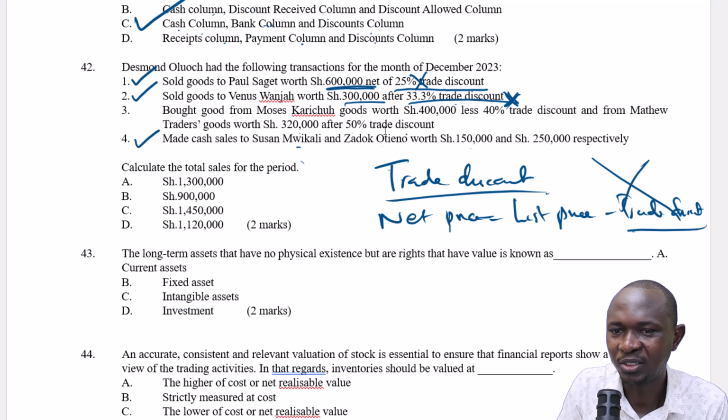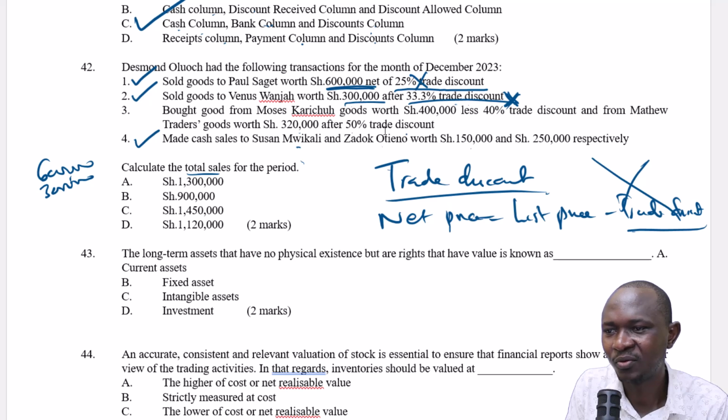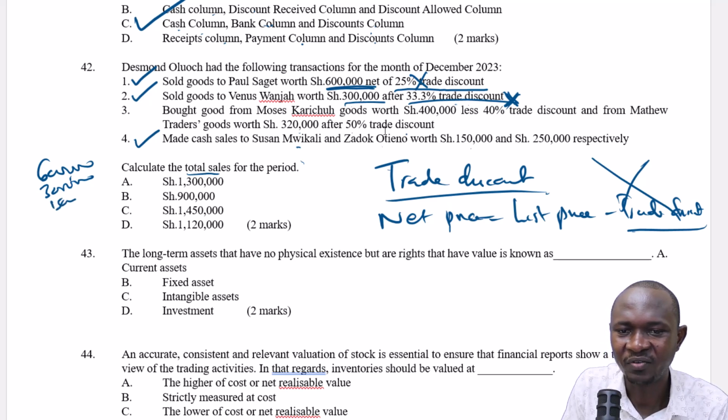So in short, calculate the total sales: 600,000 plus 300,000 plus, because it's total sales, it involves all this, the cash sales 150,000 and 250,000. You are done.